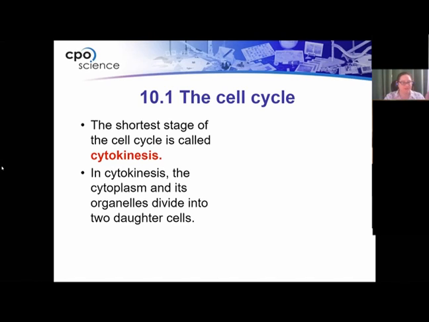Those things are just floating around in the cytoplasm. So the shortest stage is where it pinches and becomes 2 separate cells. Cytokinesis is being represented right here by the purple.